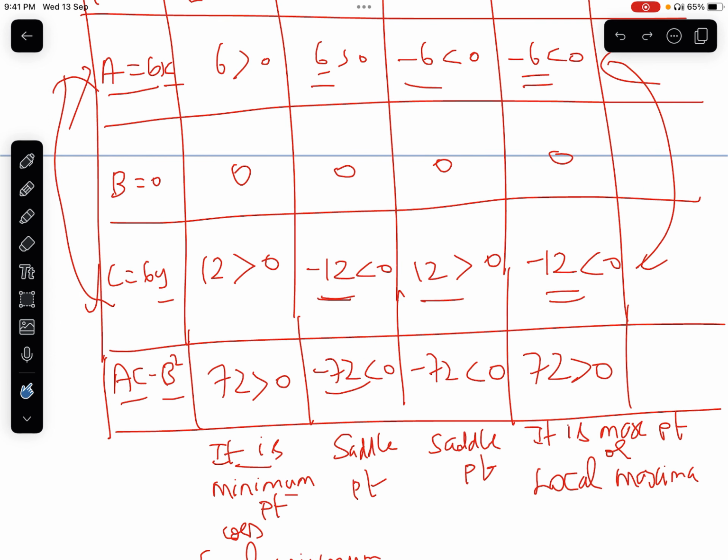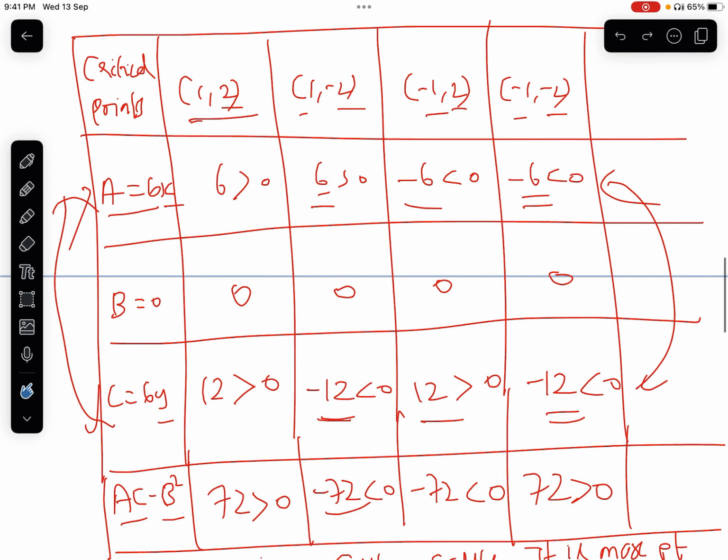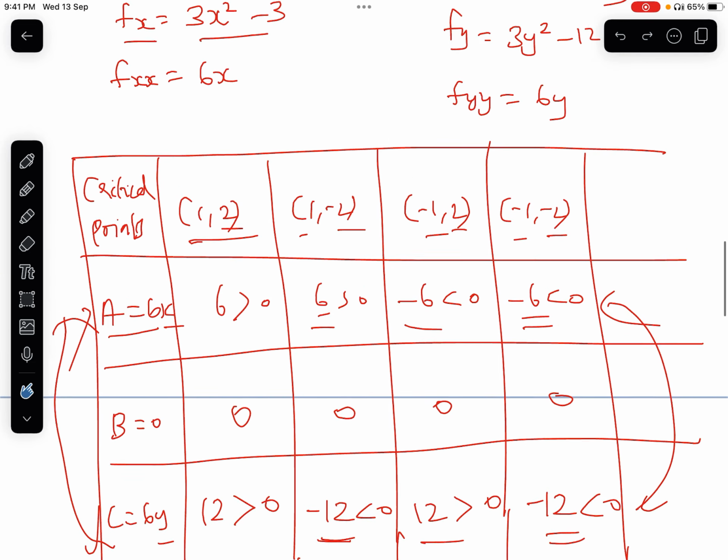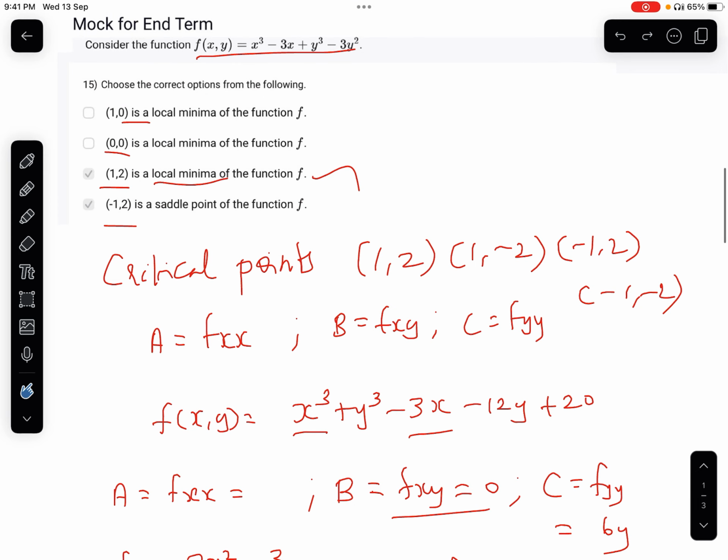Here both are saddle points, so let us check with the answer options. It might be either 1 comma minus 2 or minus 1 comma 2. Minus 1 comma 2 is the only answer option given, so we can also select option 4 as the correct answer. So therefore the correct options are option 3 and option 4.